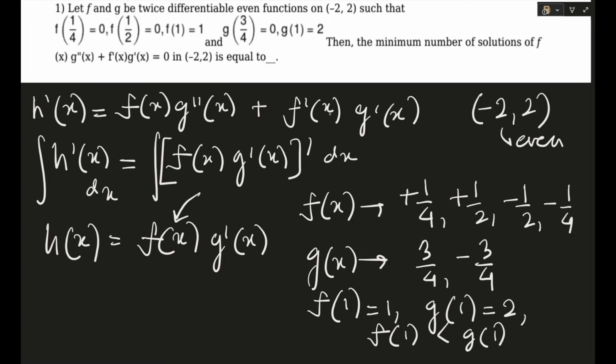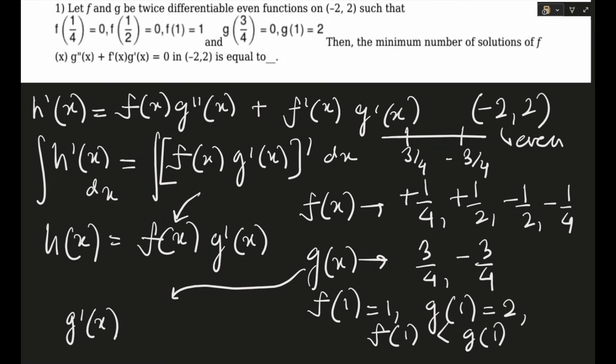Now for g dash x, because g of x has 2 roots, 3 by 4 and minus 3 by 4, applying Rolle's theorem to g of x, we can say that g dash x will have a minimum of 1 root.